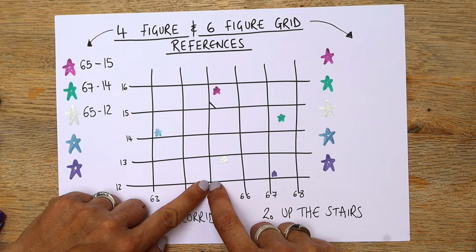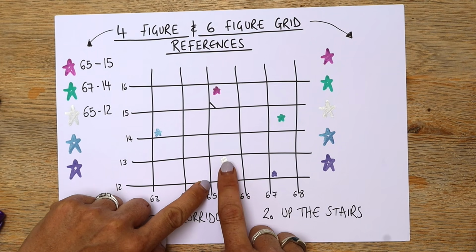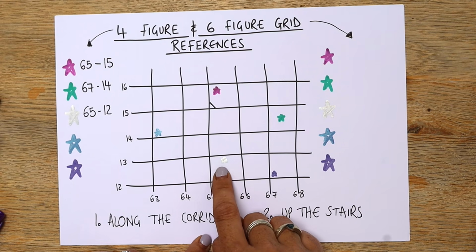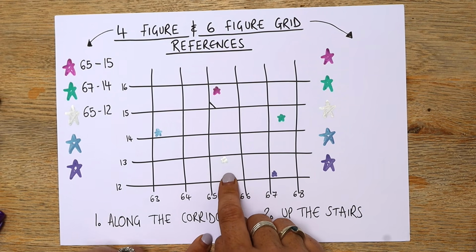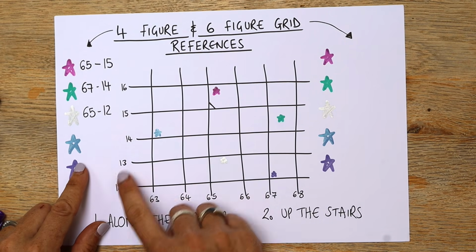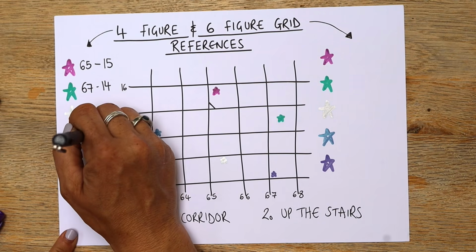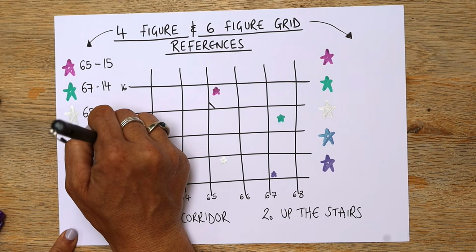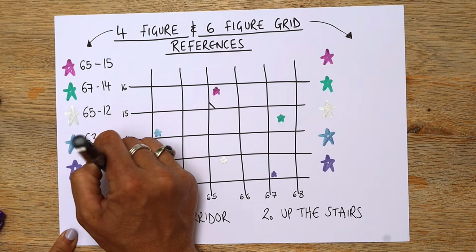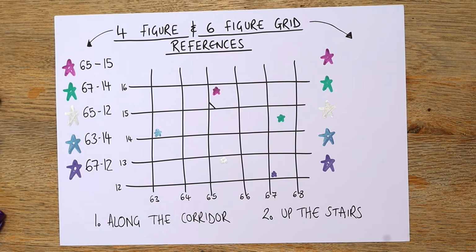Okay, that gets me to the bottom left-hand corner. There's my silver star. And what that's giving me is that whole box, which on an Ordnance Survey map could be quite a big area. Okay, let's keep going. The blue star, 63, 14. And the purple star, 67, 12. So you see how quick it gets when you've done a few of them.